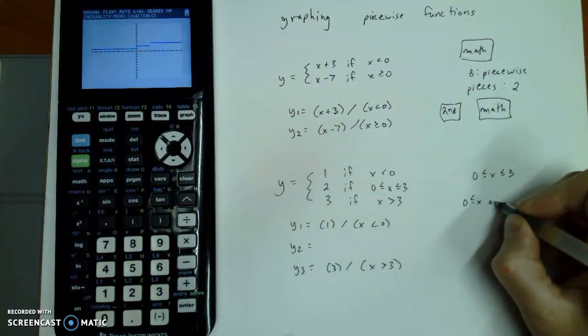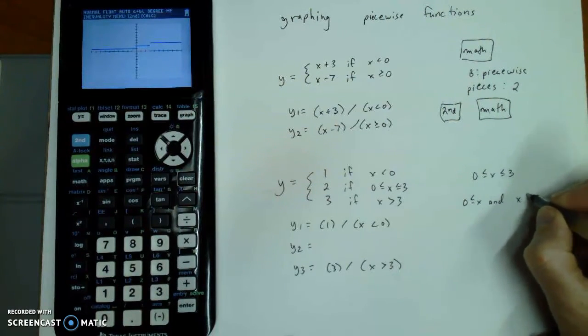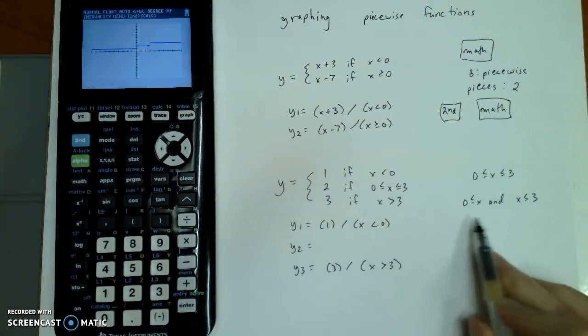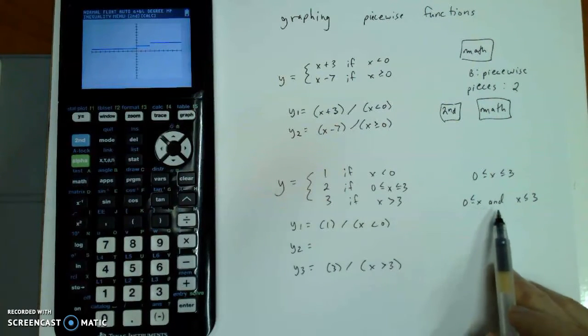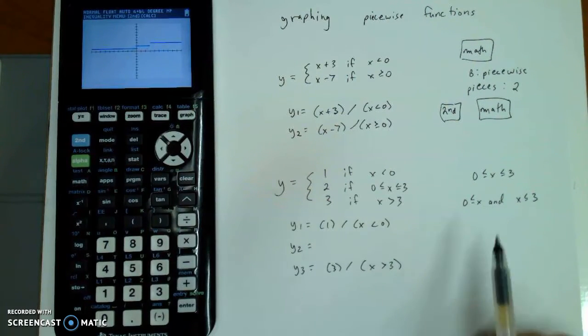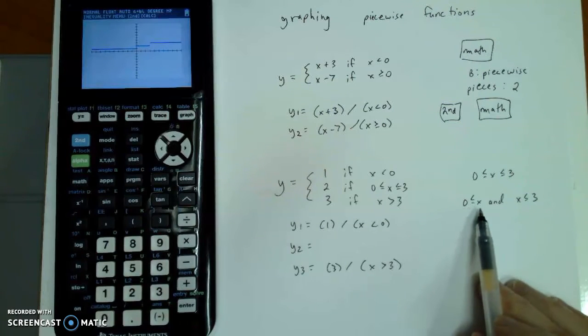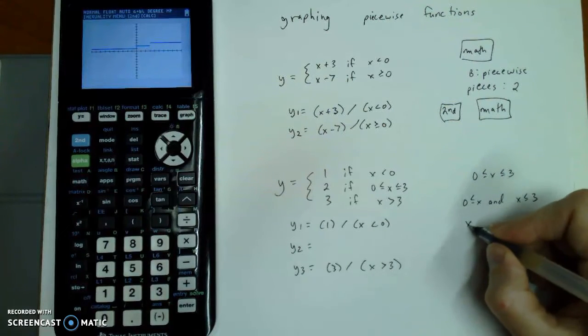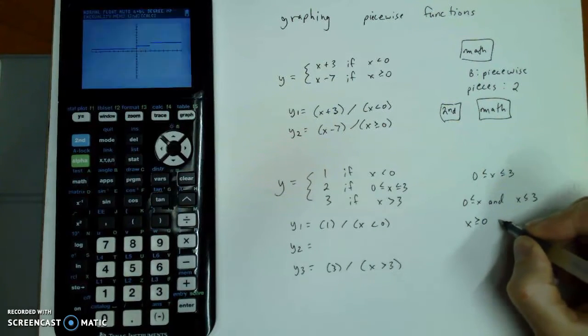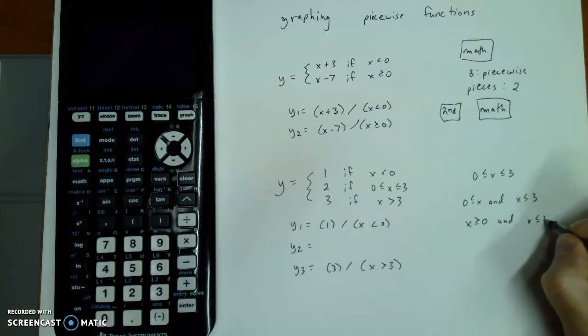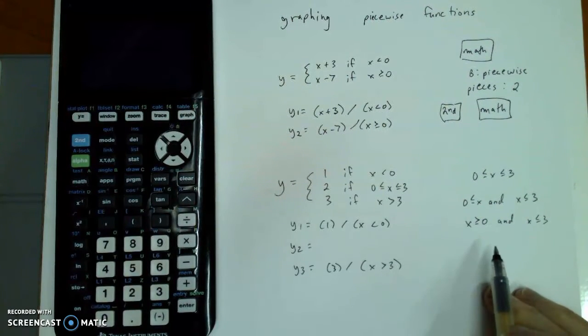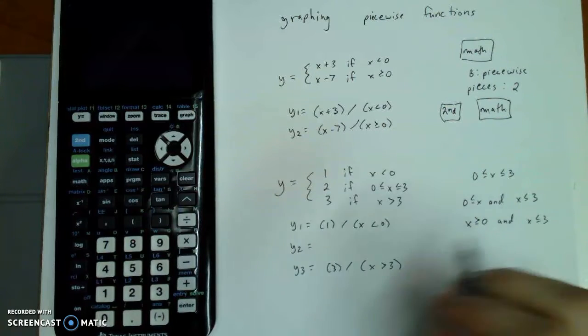So I am first going to break that into 2 inequalities with an and. Basically, I've got 2 x's and an and. And then finally, I'm going to take this left piece and flip it around so that the x comes first. Again, with the older calculators, if you do not do that, the calculator will not interpret it correctly.